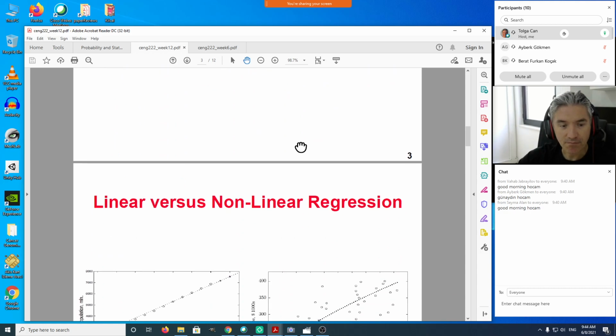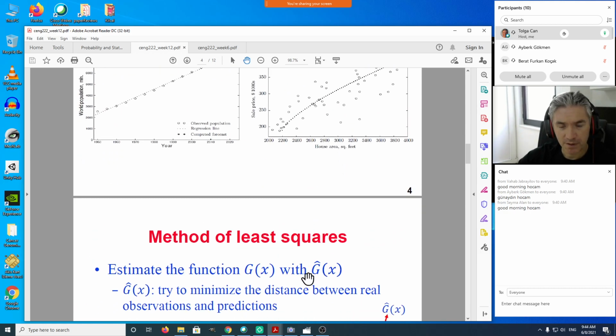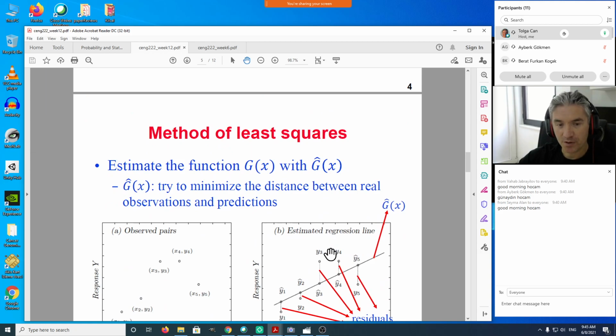So we find this beta 0 and beta 1 in such a way that in our current training data, the difference between the observed y values and the predicted y values, after we find those beta 0 and beta 1, is minimal. So we want to minimize a function.